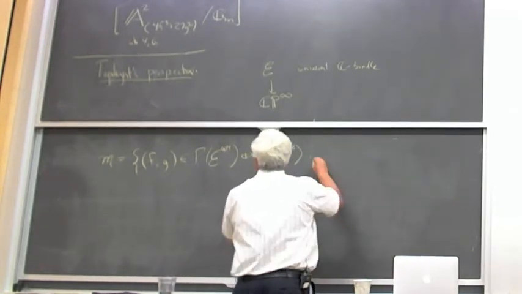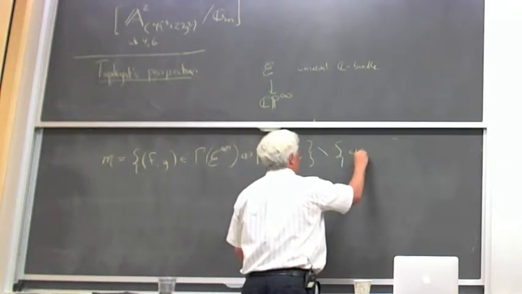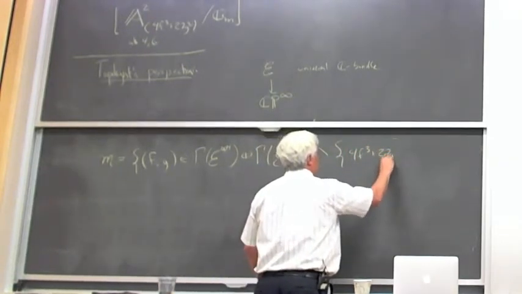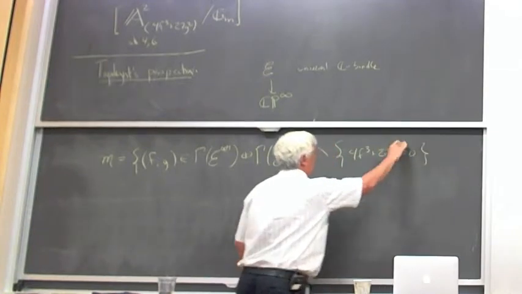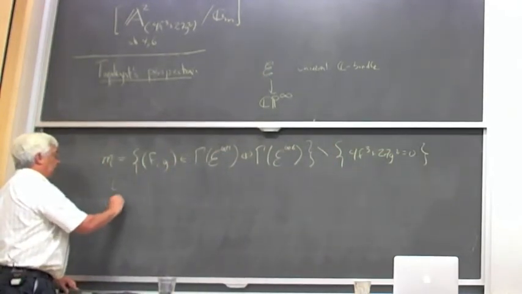Sorry, I have to subtract stuff. So this minus the locus where 4f cubed plus 27g squared equals 0. So that's a nice space, which still maps out to CP infinity.